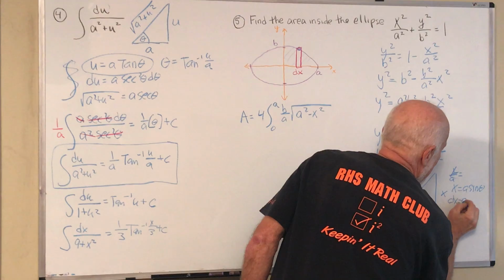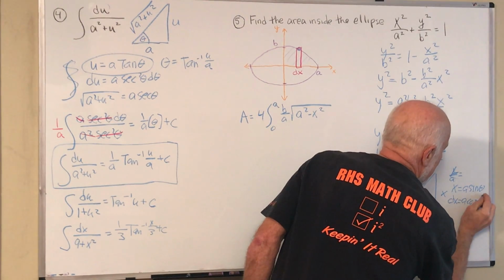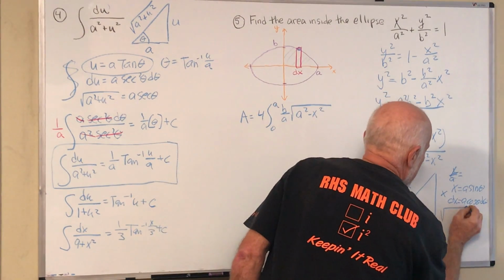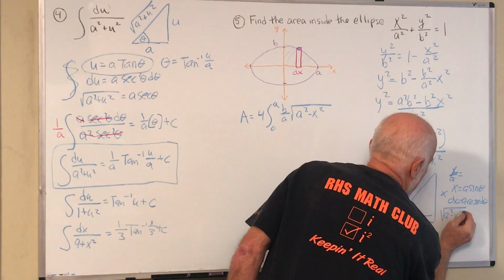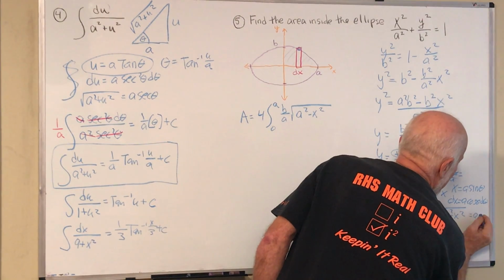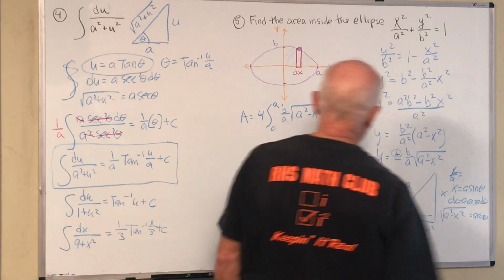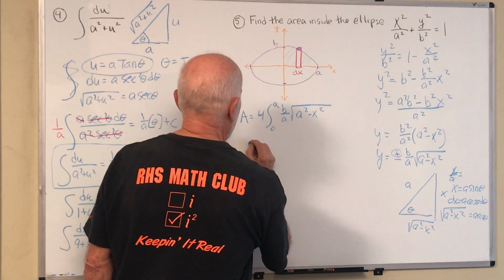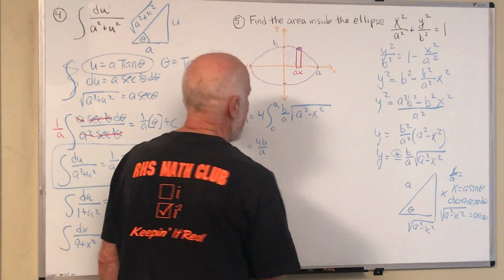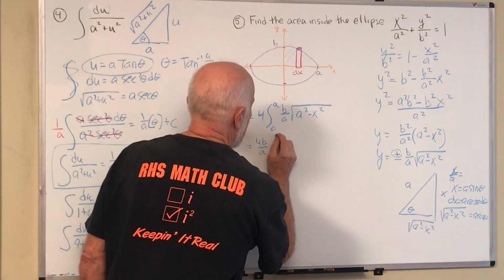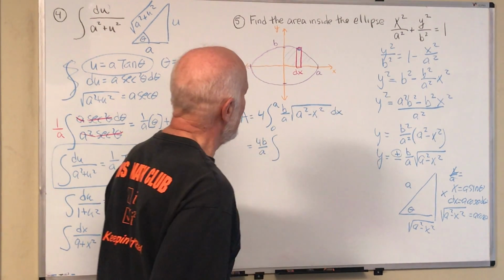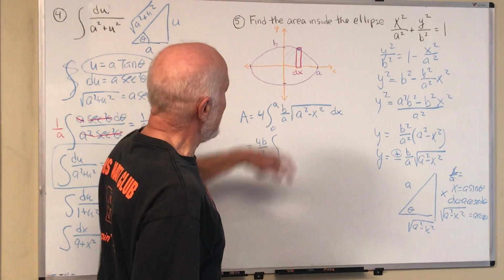So x equals a sine of theta. dx equals a cosine of theta d theta. And then the square root of a squared minus x squared divided by a is going to be the cosine of theta. So this is a cosine of theta. So if I bring this 4b over a out front, I forgot my dx right there. The width of the rectangle is dx.